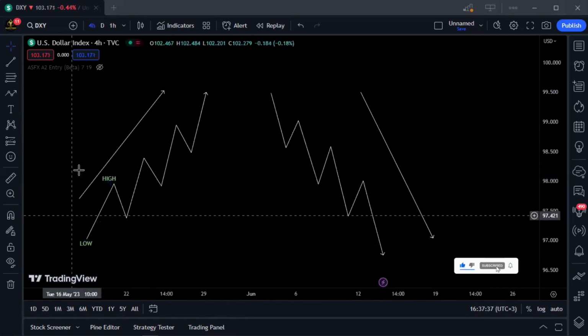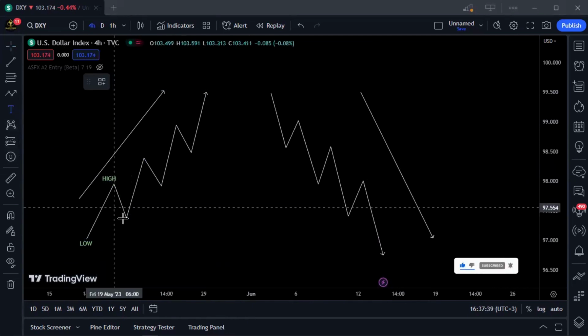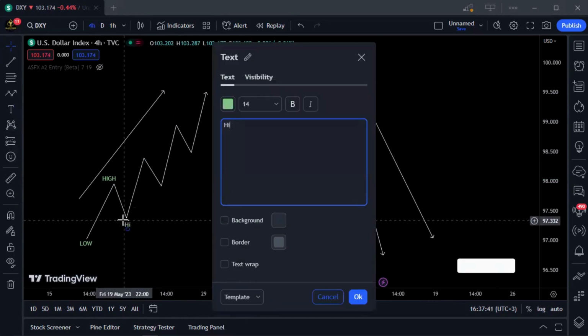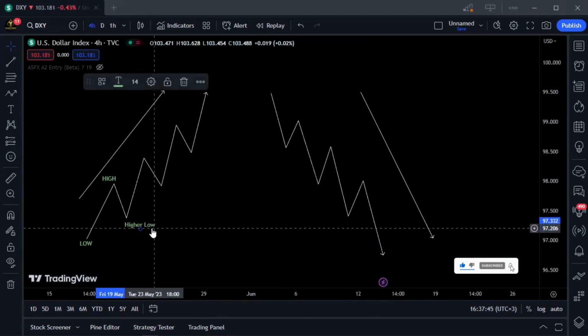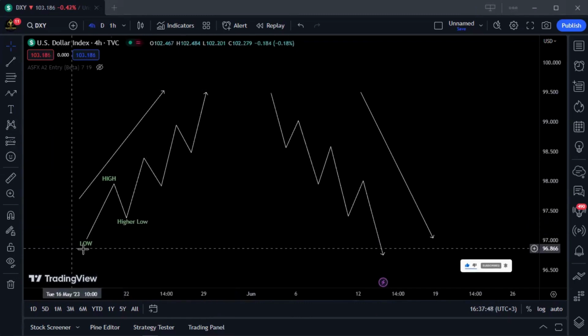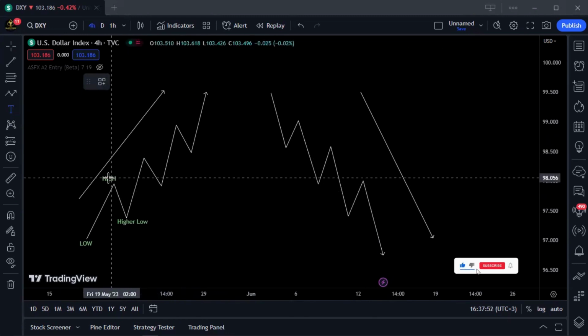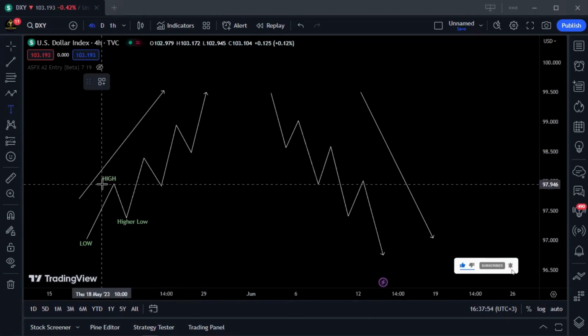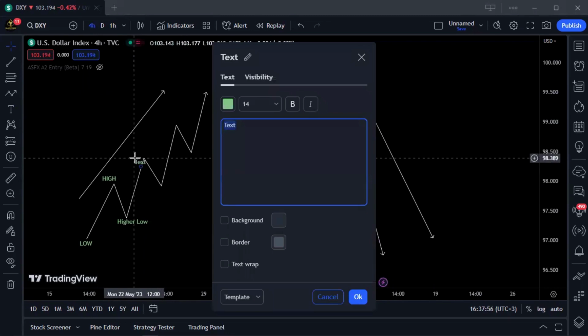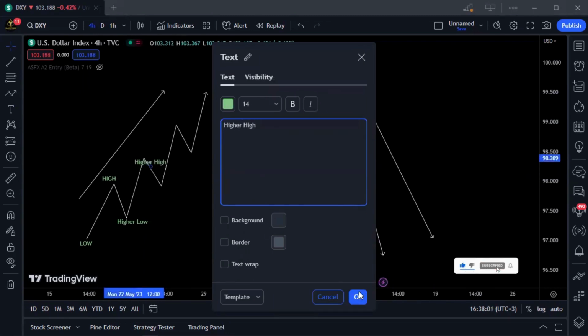Right. Now, after that, what happened? Prices created a higher low, meaning the low is actually higher than the most previous low, right? And then after that, what happened? Prices created a high that's higher than the previous high, meaning it created a higher high, right?